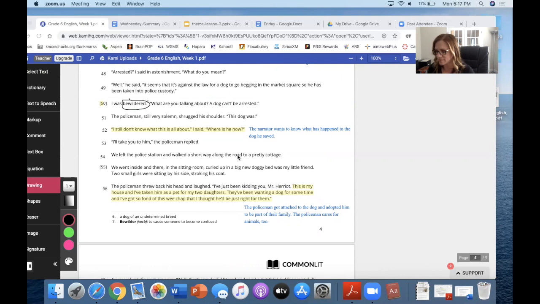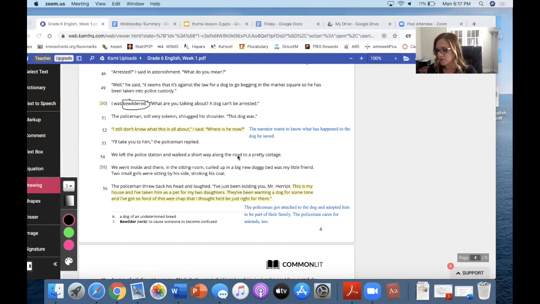And then the next one actually ties right into what we were just doing, which was me going back to my text and looking for evidence to support those traits. You're looking for two quotes to support those traits.